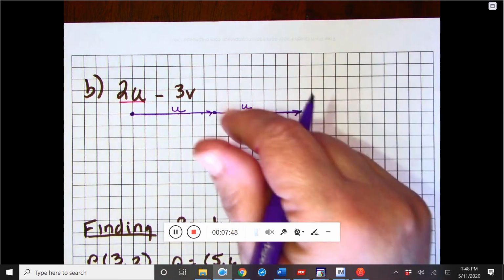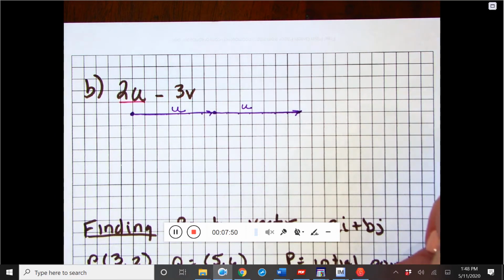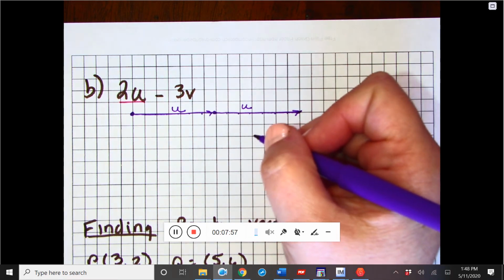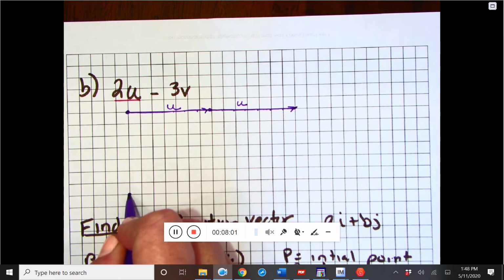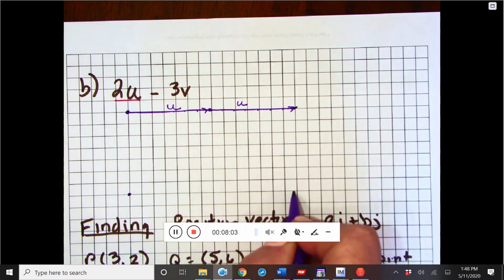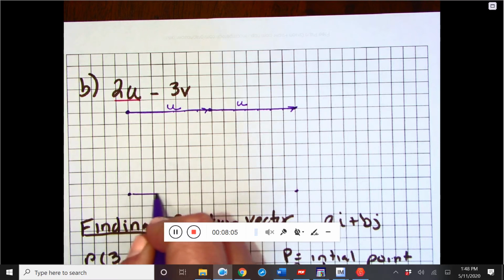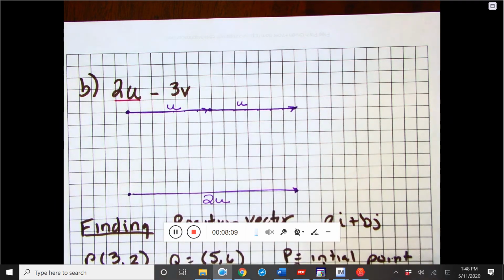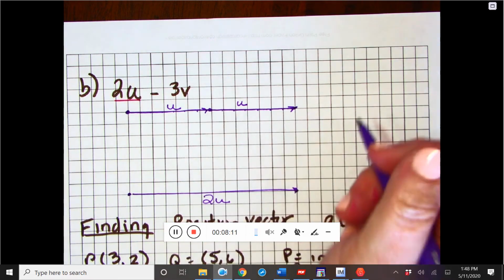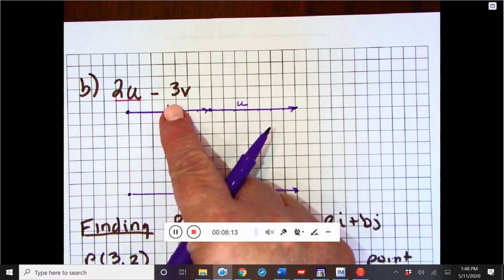Now I have to subtract 3v. I'm probably going to go off my paper here. I should have started a little lower. In fact, I'm going to move mine, and I'll show you why in a second. There's 2u. I'm going to recreate it a little lower, because now we have to subtract 3v. Let me go back to my other paper.